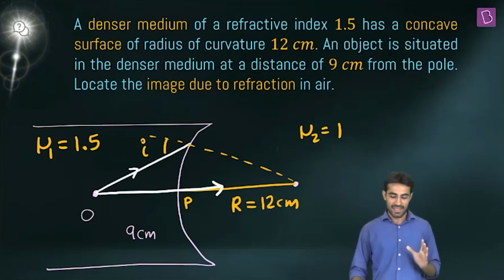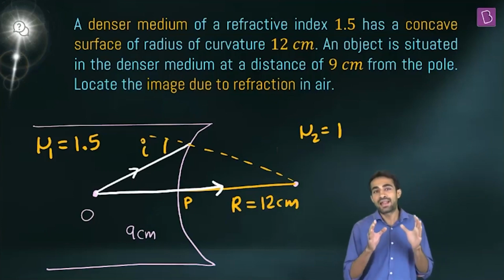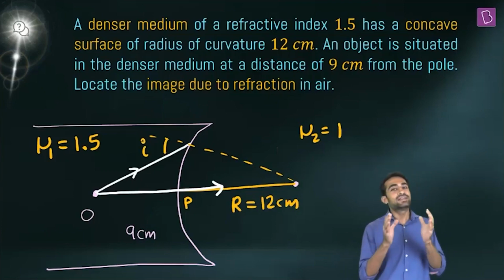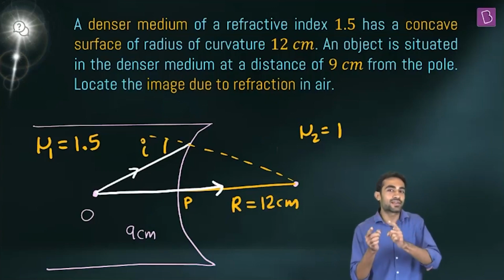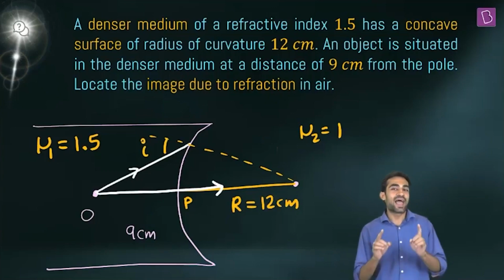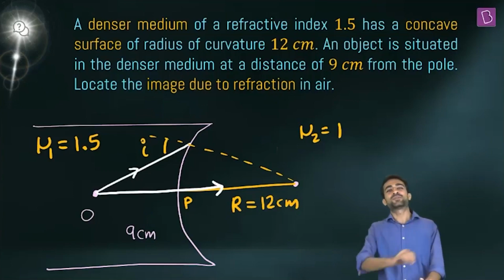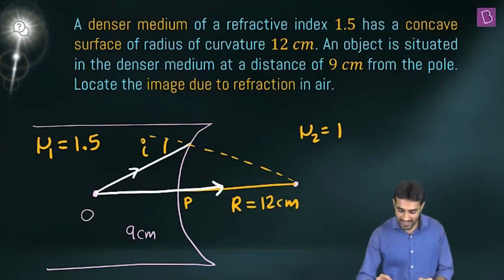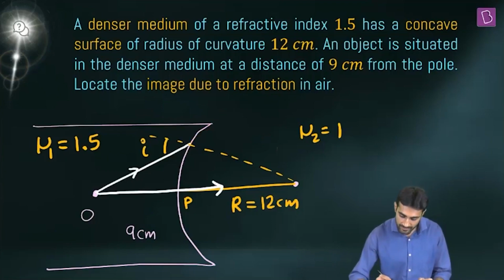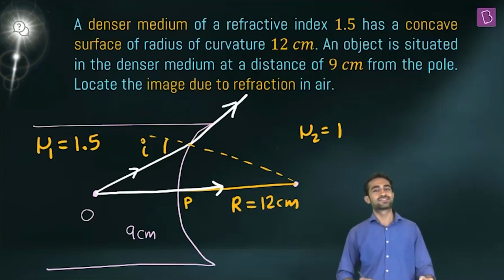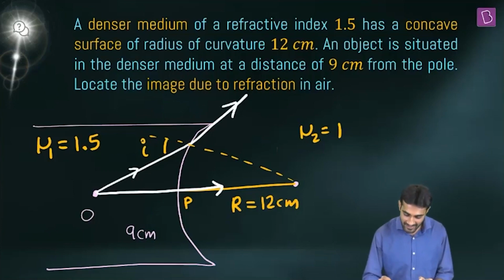Now when the ray of light enters from optically denser medium to optically rarer medium, what happens? Well, it bends away from the normal. Exactly. So you can see after refraction, it will bend away from the normal like this. Let me extend the refracted light, and we can see it is meeting over here.